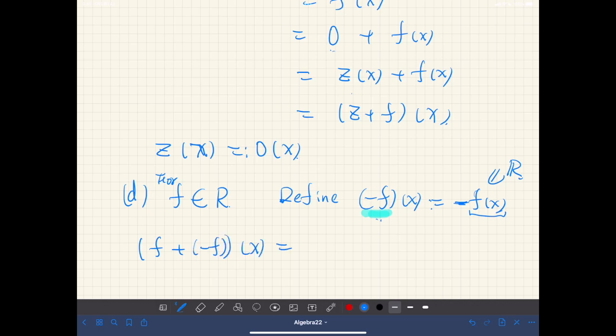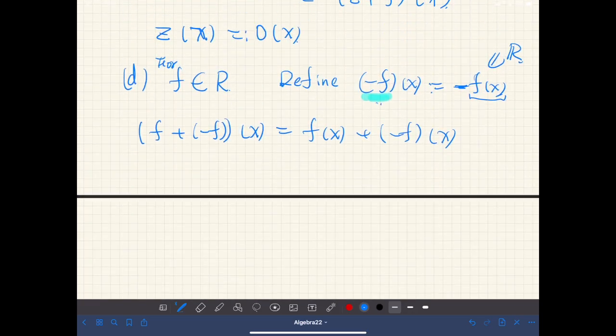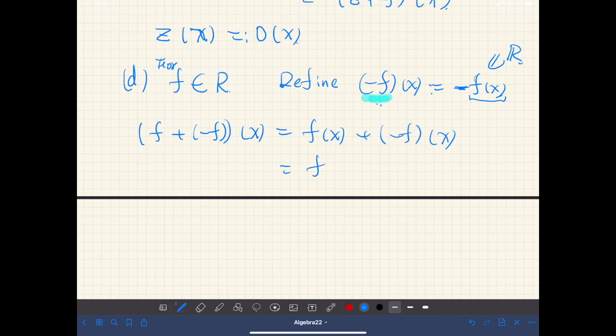Okay, so by the definition of addition, this is f of x and this, and by the definition of negative f, this is negative f, which is 0.